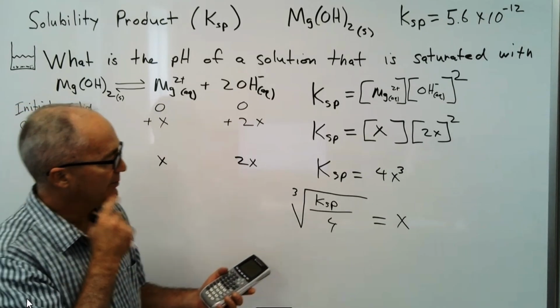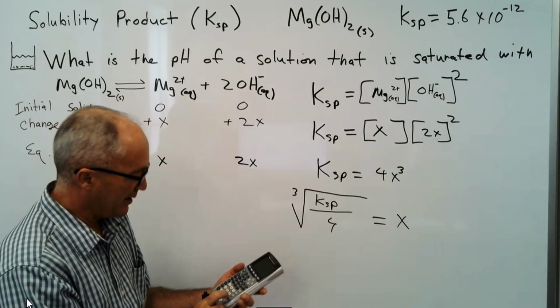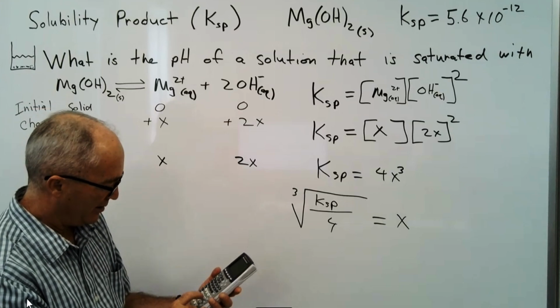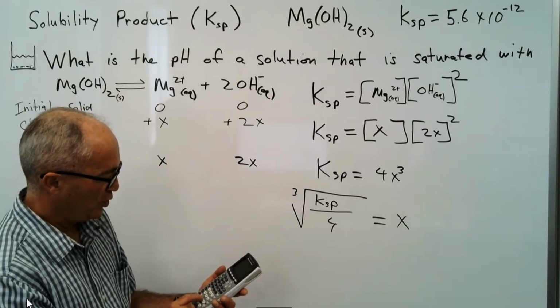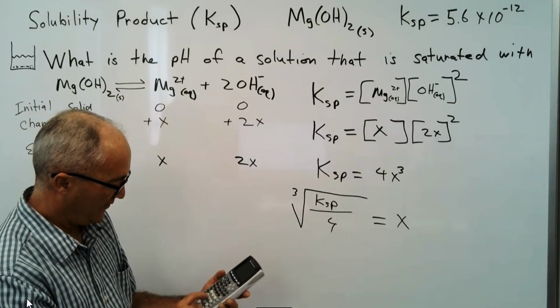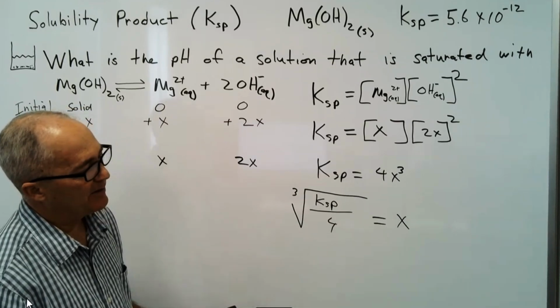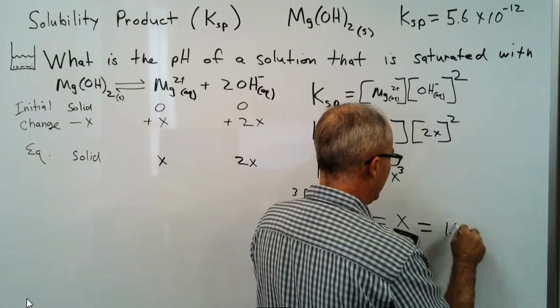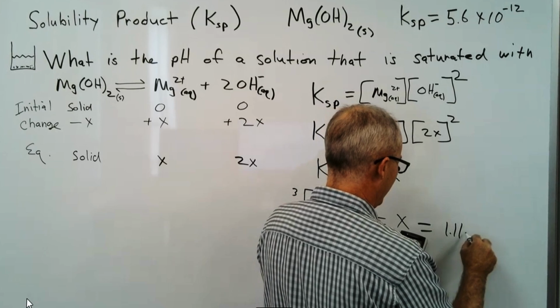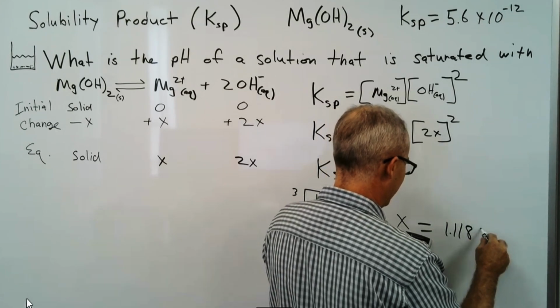So now I can pull out my calculator, and now I'm going to plug in the Ksp. 5.6 times 10 to the negative 12 divided by 4 equals. Now we need to take the cube root of this. So make sure I didn't make any fat finger errors and see if you get the same answer.